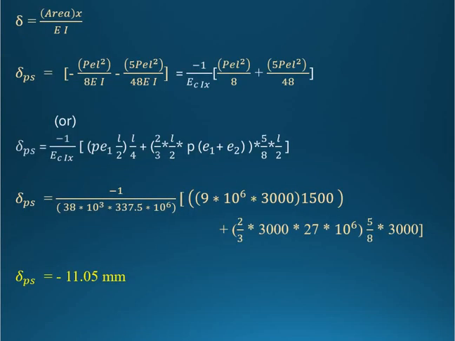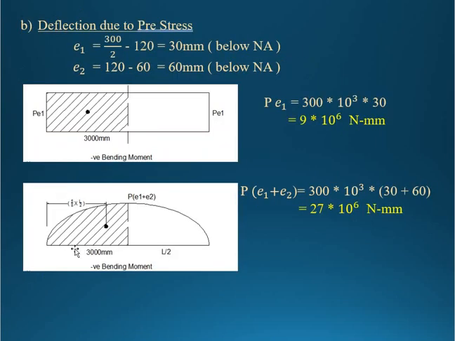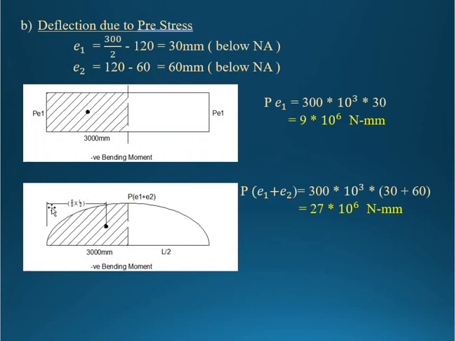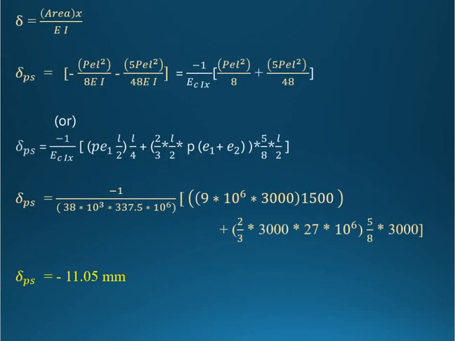So the centroidal distance for a rectangle is L by 4, plus area of a parabola, which is 2 by 3 into length into height. Here length is L by 2, height is P into E1 plus E2. Area is over into centroidal distance. Centroidal distance is 5 by 8 into length. Here length is L by 2, so it is 5 by 8 into L by 2.